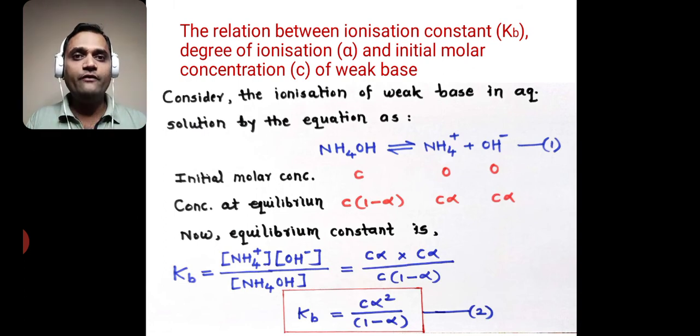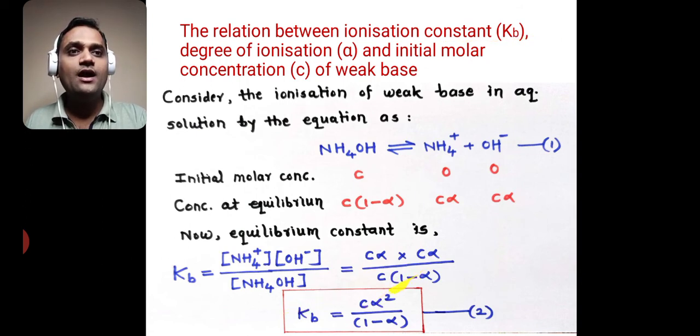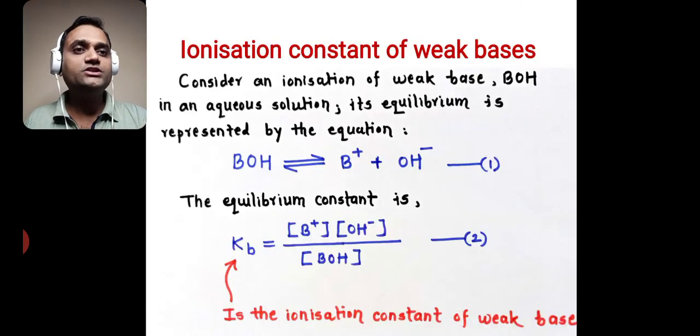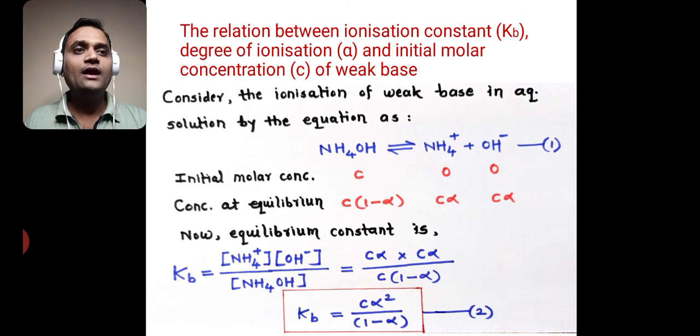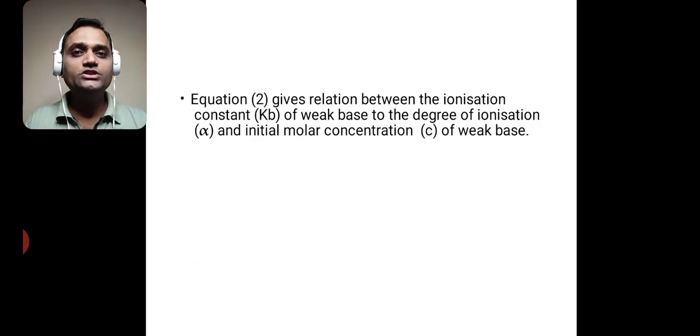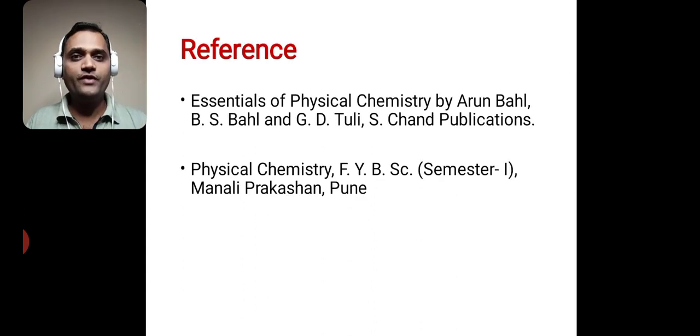This equation 2 gives us the relation between the ionization constant Kb, the degree of ionization alpha, and the initial molar concentration of weak base. So this is about the ionization constant of weak base and the relation between ionization constant, degree of ionization, and initial molar concentration of weak base.